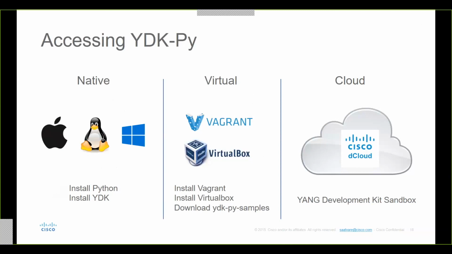So if you install Vagrant and VirtualBox on your laptop, you can create a Linux machine that already has YDK pre-installed and also has hundreds of sample apps. Very simple sample apps, but you get lots of them. I think right now it's probably close to 560 sample apps, okay?